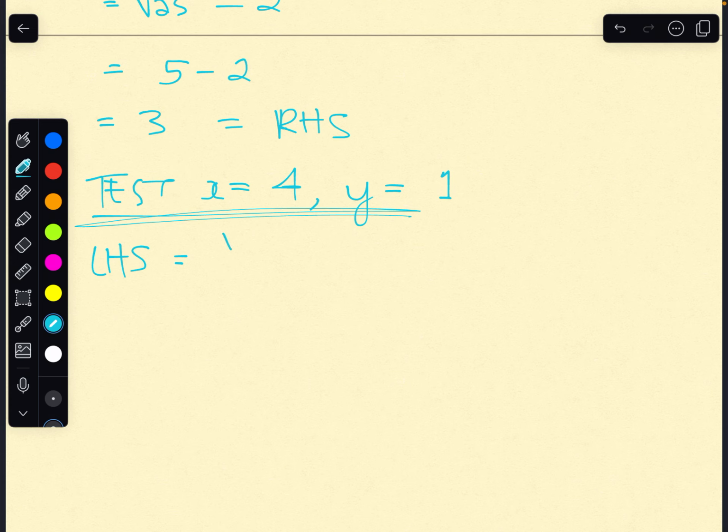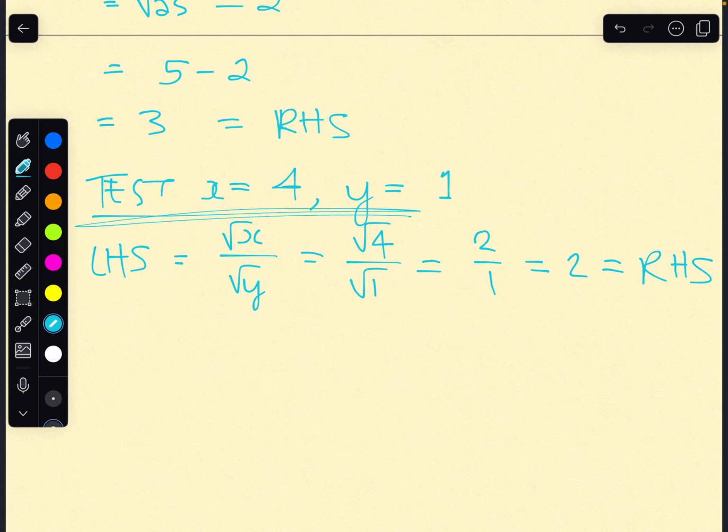So that's root 4 over root 1, which is 2 over 1, and that is indeed equal to the right hand side, which is 2. So that equation is happy.